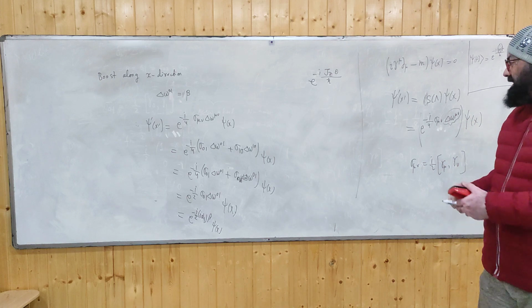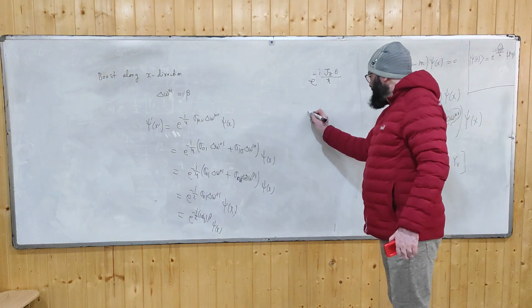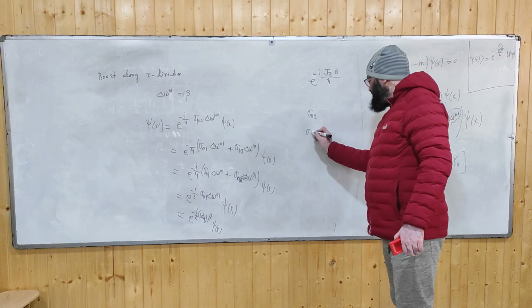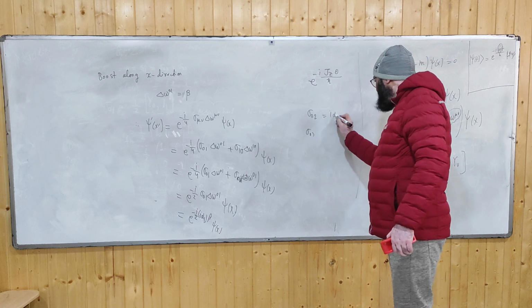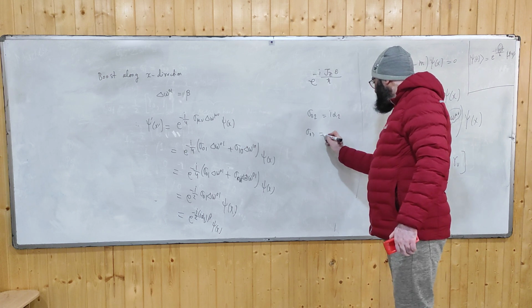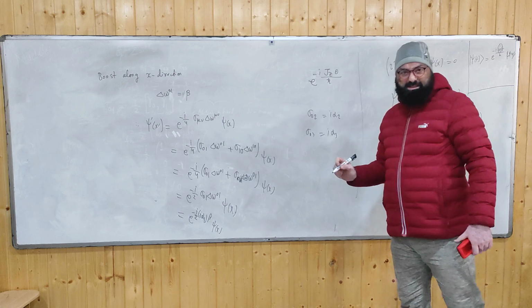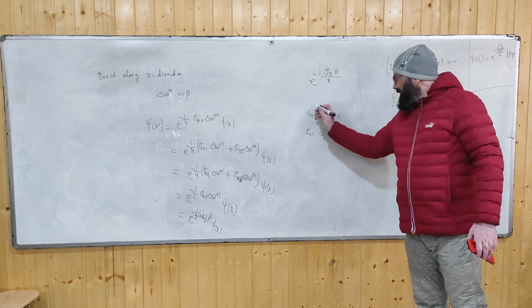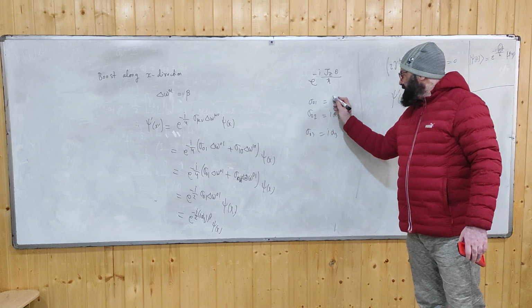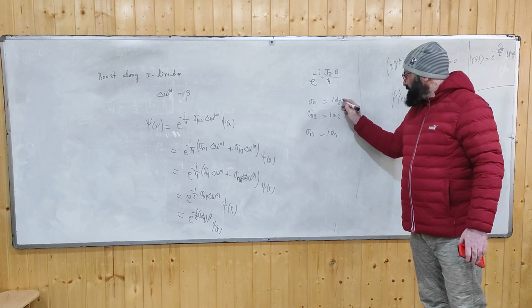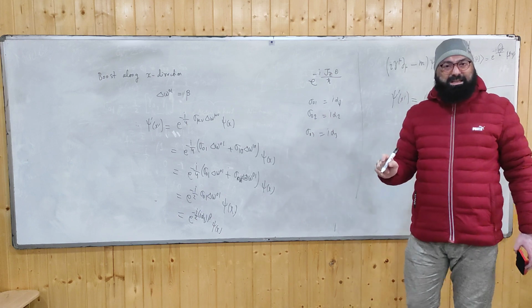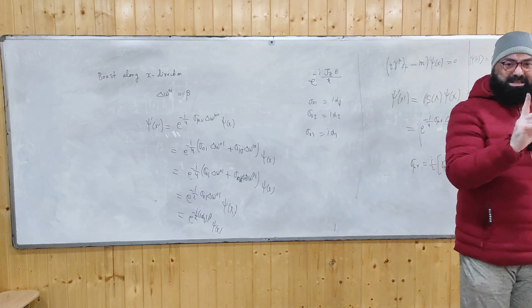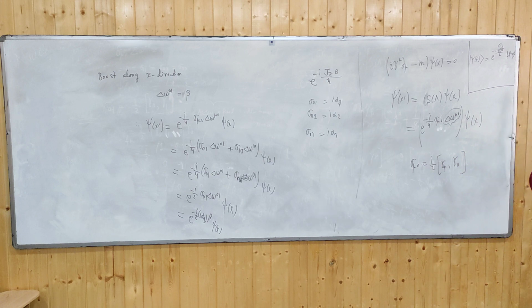If you take sigma 0 2 and similarly sigma 0 3, you will get i alpha 2 and i alpha 3. So sigma 0 1, sigma 0 2, sigma 0 3 are the generators corresponding to boosts along the x, y, and z directions. Clear?